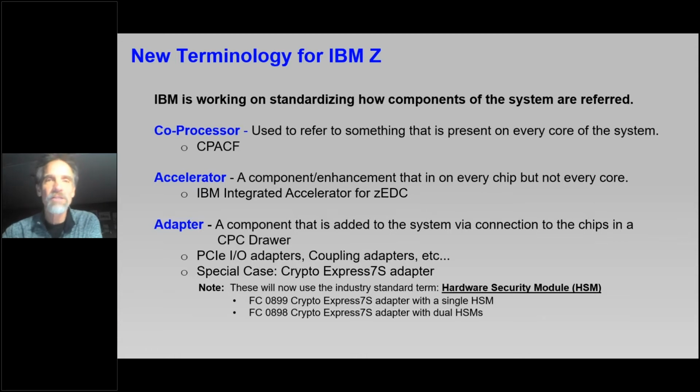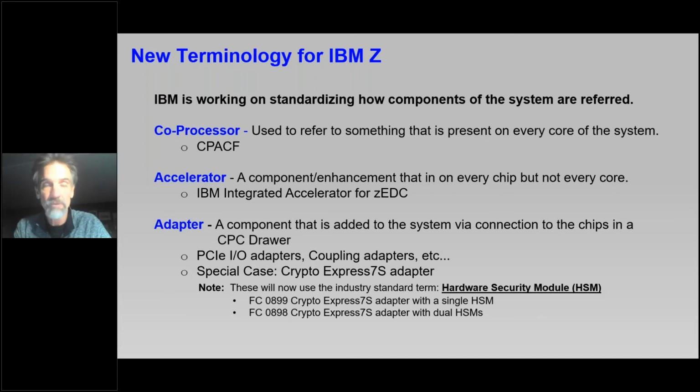New terminology for the Z, and this has to do with the fact that things are changing, and I just kind of want to go through that because you'll see terminology mentioned out there. Well, just let me go through it and it'll probably make sense. The coprocessor is something that exists on every core of the system.